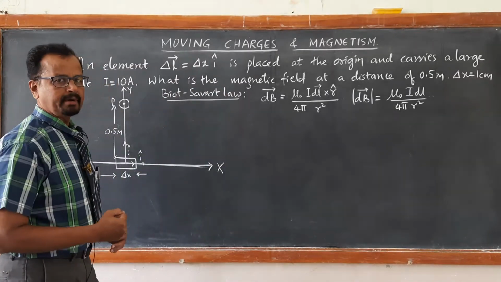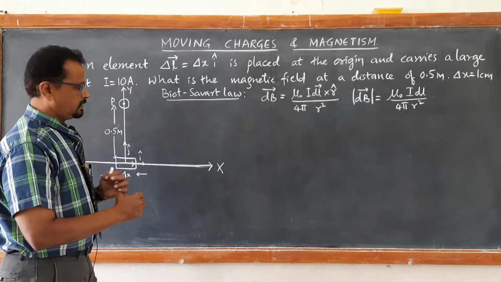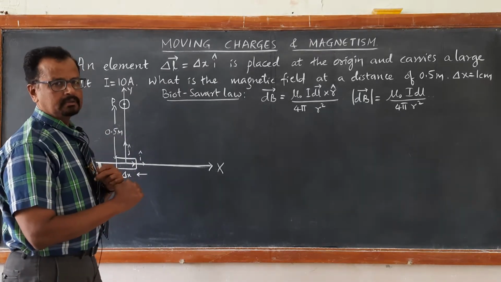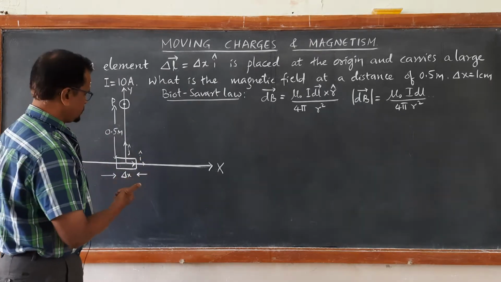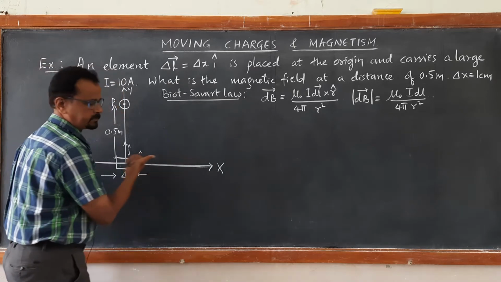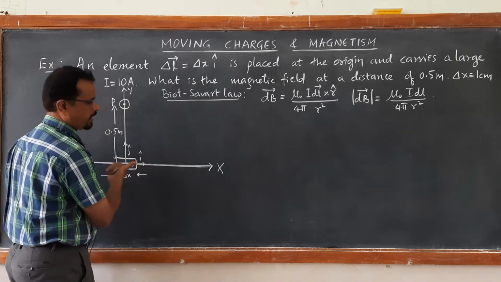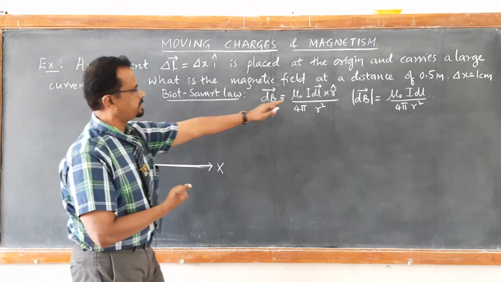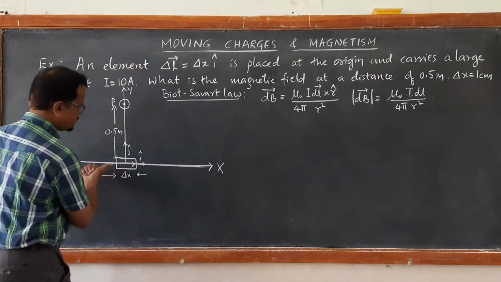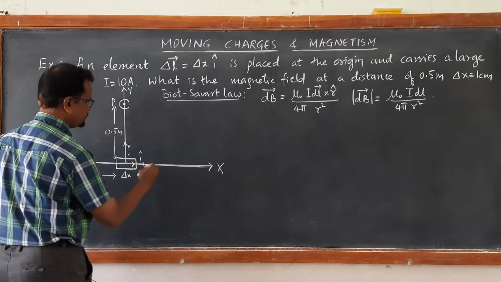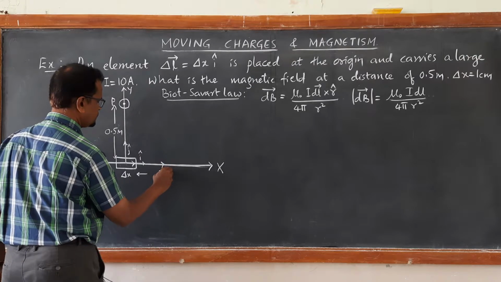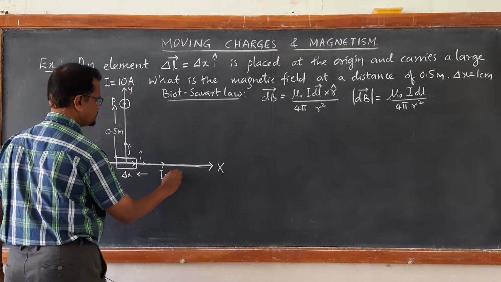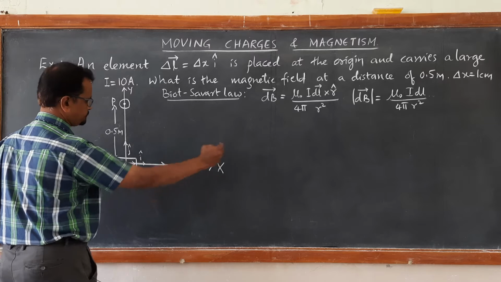This helps us to calculate the magnitude of the magnetic field, and one can find the direction of the magnetic field using the right hand, as we discussed in the previous video. If you point your thumb along the direction of current element, the current element here is dl, and the current I is in this direction, which is 10 ampere.